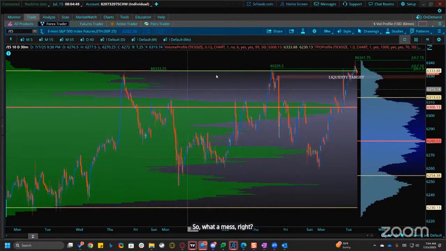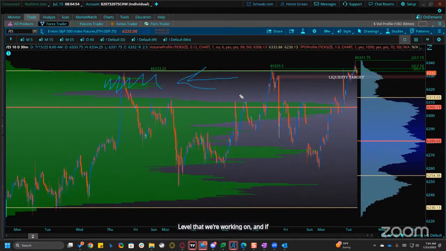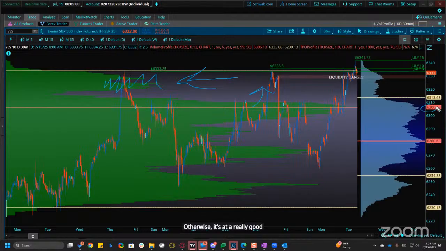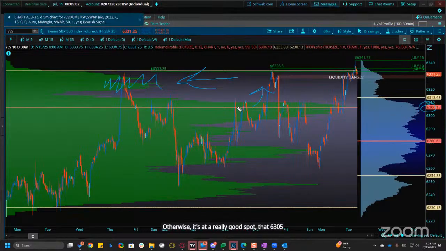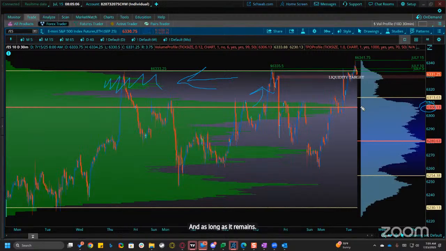Do want to see what we do with this current level that we're working on, and if we're able to put in a lot of work here to see this point of control roll up. Otherwise, it's at a really good spot, that 63.05 that we were just talking about. And as long as it remains underneath this, we're good.